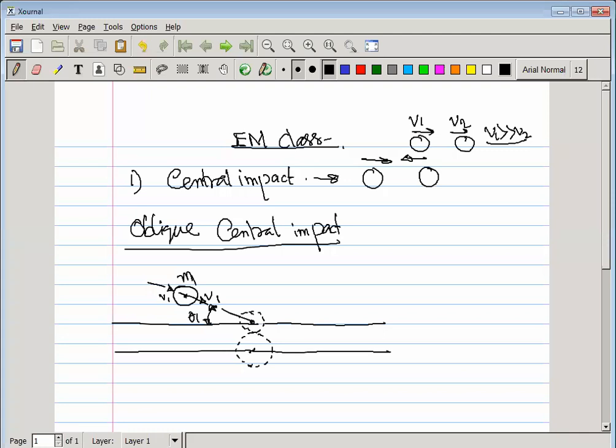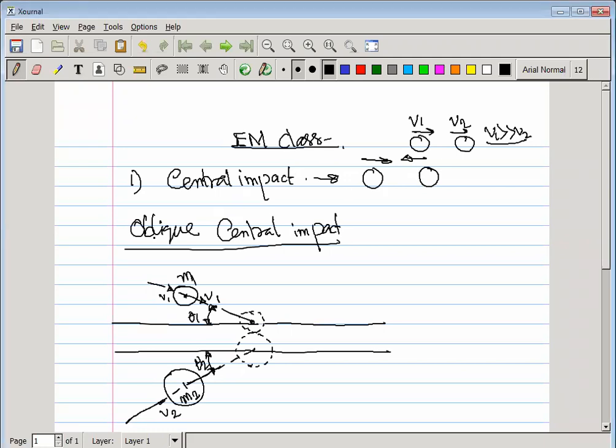Similarly, if we draw another angle and consider the velocity v2, then m2, and this one is theta2.